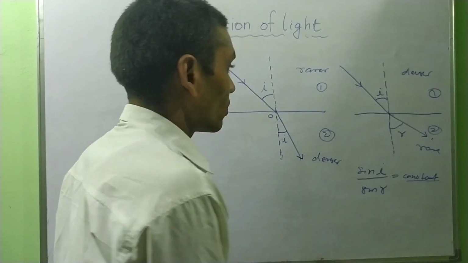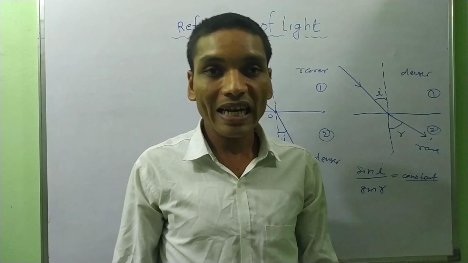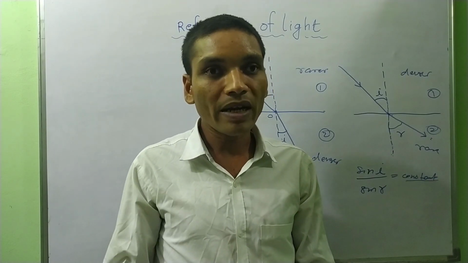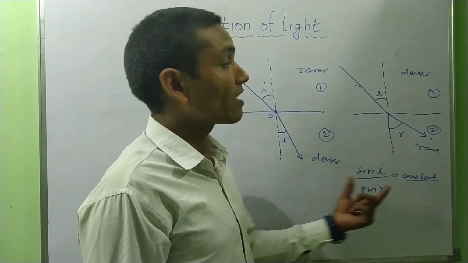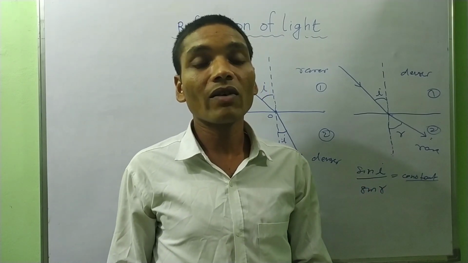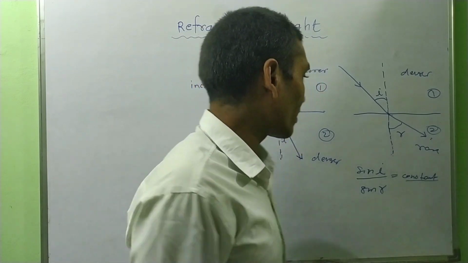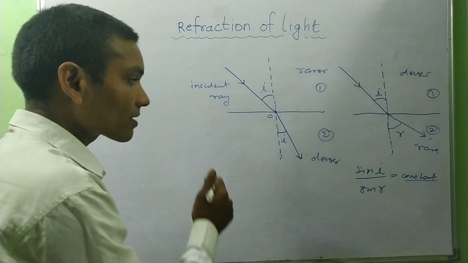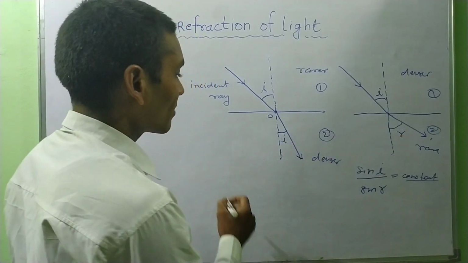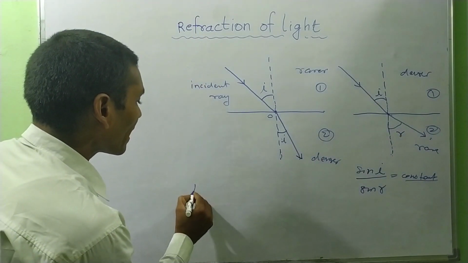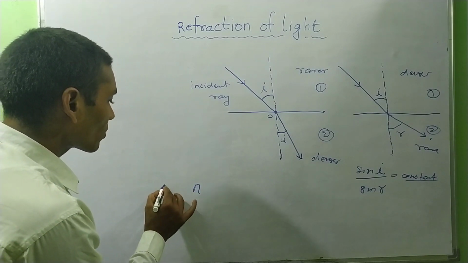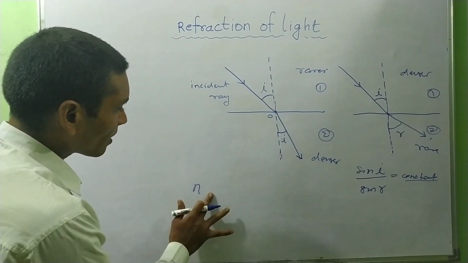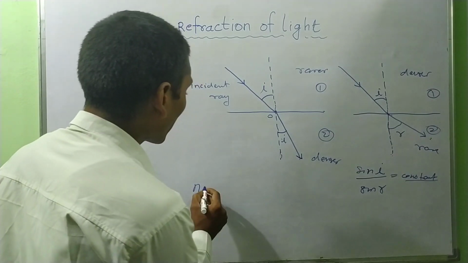Now how much the light ray bends, the measure of bending of the light ray by the second medium, is called the refractive index. It is denoted by n, or also by mu. Here we represent the refractive index by n.